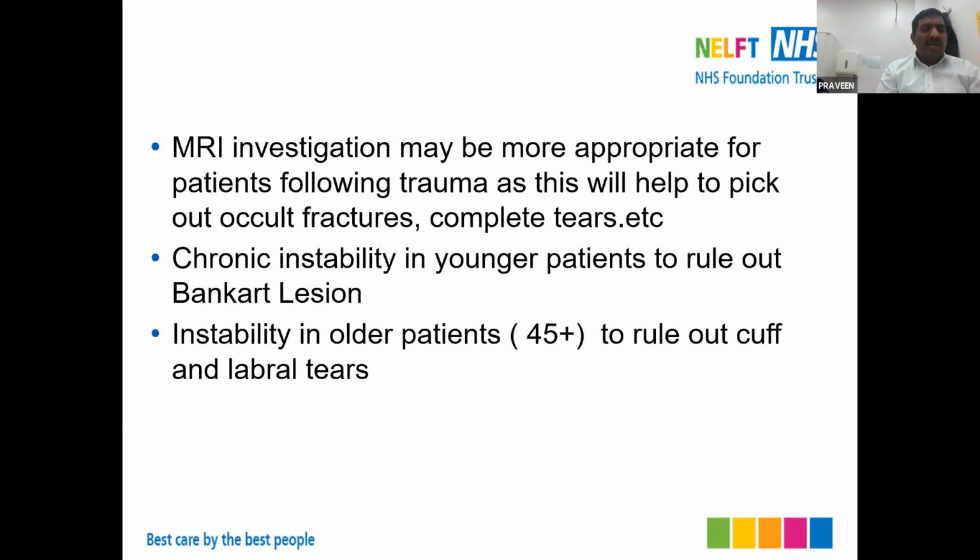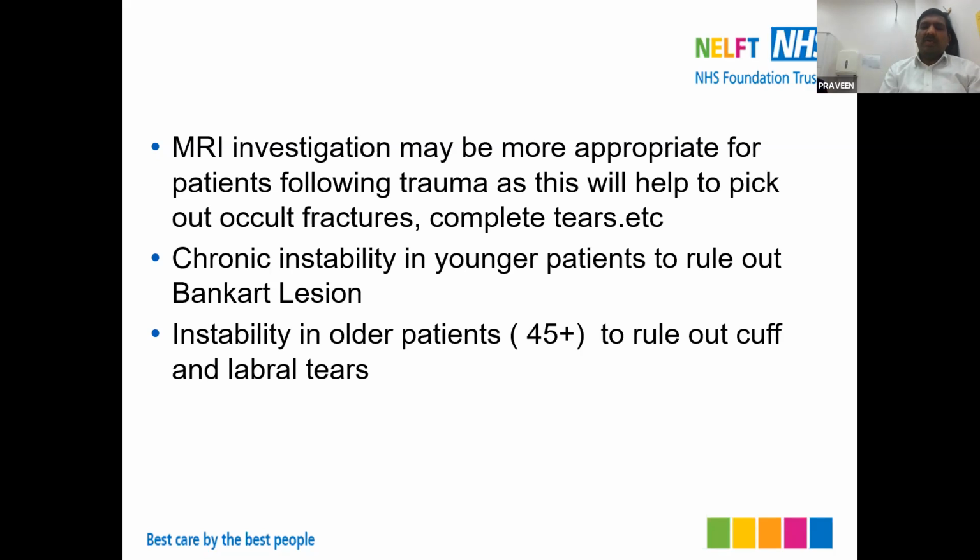Now, in terms of the MRI investigation, this may be more appropriate for patients following trauma, as this will help us to pick out any occult fractures or complete tears. This will also help us to choose the pathway required for the patient, so we can access orthopedics if they need to undergo any surgery or any management from orthopedics.